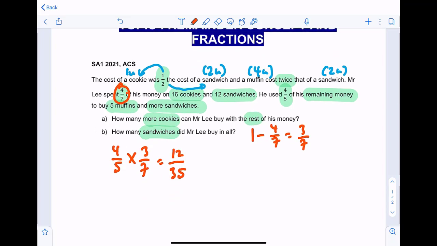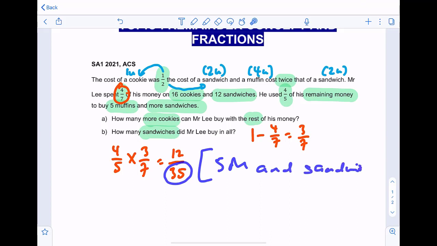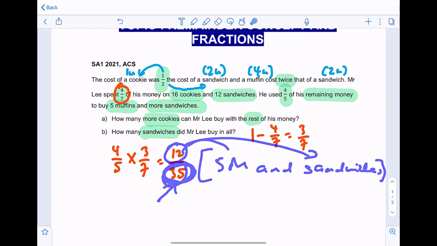And what we can do is to ensure we are working with the same denominators. So this one here will be for your 5 muffins and some sandwiches. Okay, so take note of that. Which tells us that the total parts of money he has is 35 parts, out of which he spent 12 parts for the 5 muffins and some sandwiches.